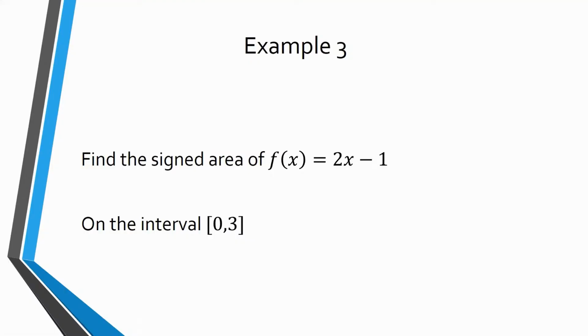Let's do an example of finding the signed area of a function on a closed interval. We take the function f of x equals 2x minus 1 on the interval from 0 to 3. That means from x values between 0 and 3.